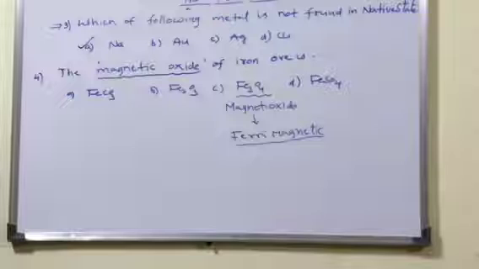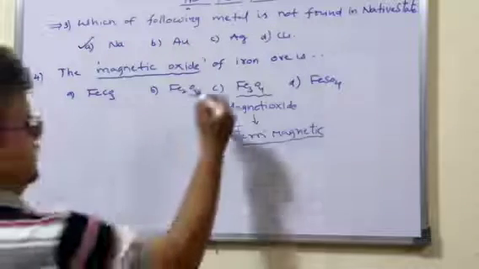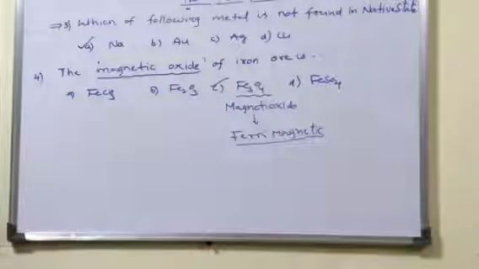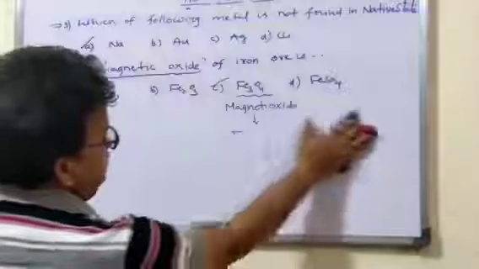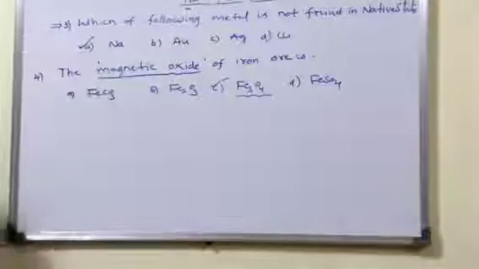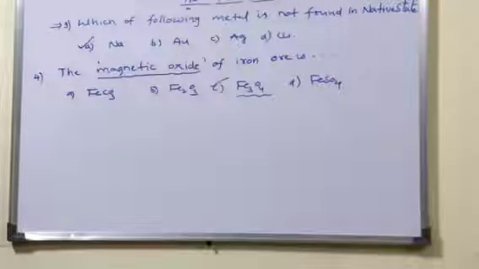Fe3O4 is called as magnetic oxide because it has ferrimagnetic nature. That's why the answer is Fe3O4. So direct answer you can remember easily. Fe3O4 is well known as magnetic oxide because it is a ferrimagnetic substance, so more attractive.